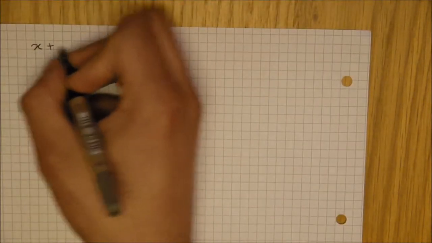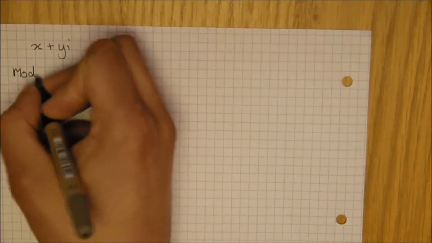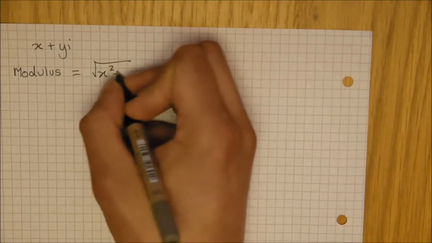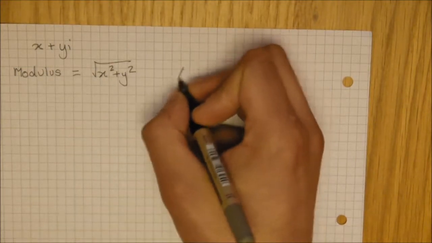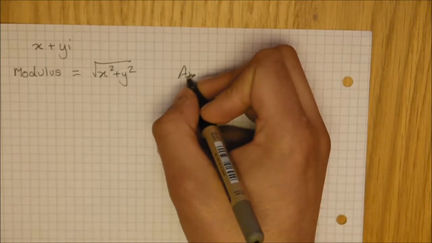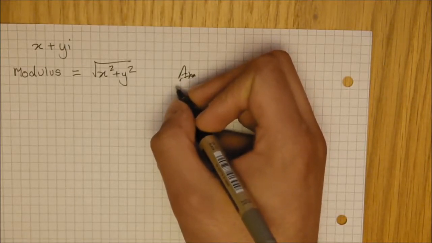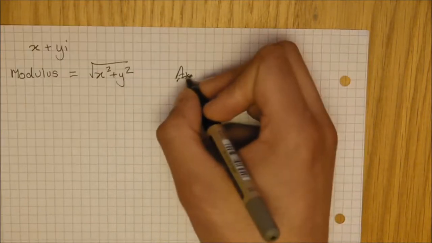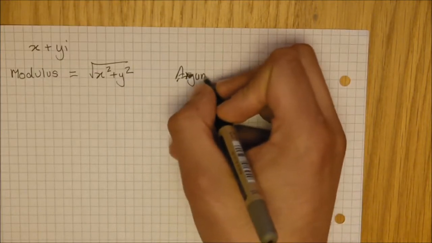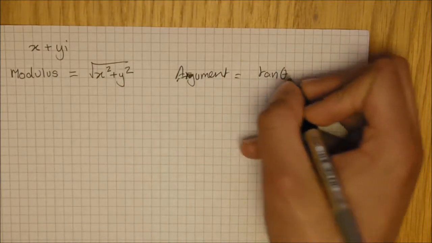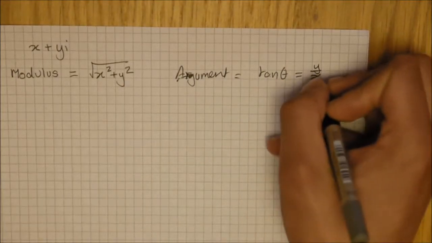Now, if we say that every complex number is of the form x plus yi, the modulus equals root of x squared plus y squared, and the arg, or argument, and funnily enough it is named after Mr. Argand, to say the least, is given by tan theta equals y over x.